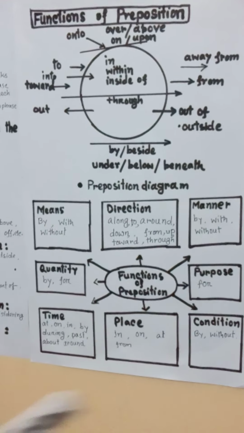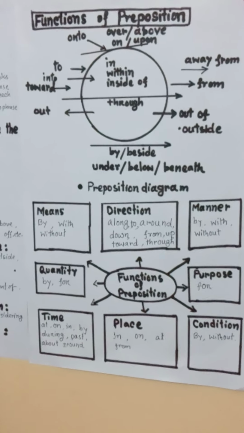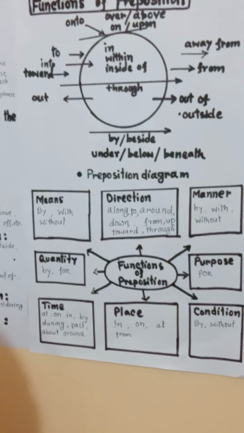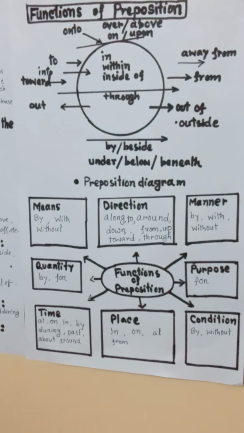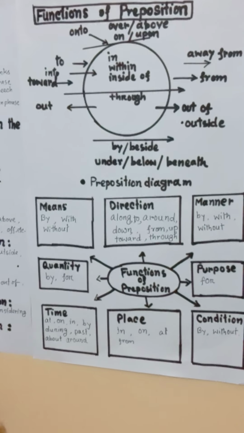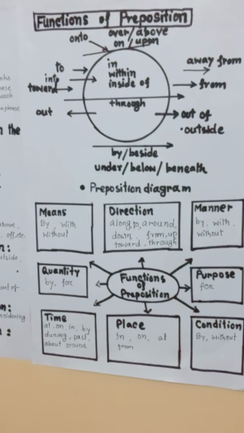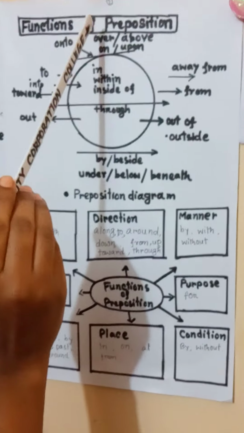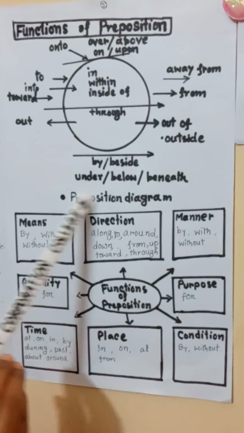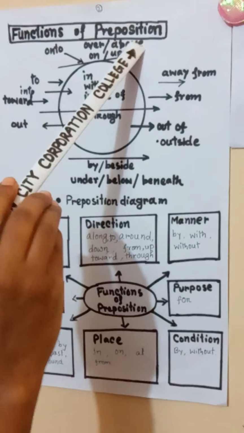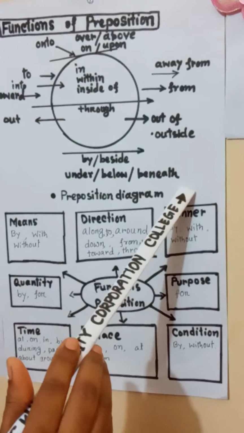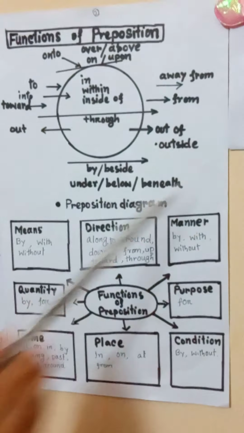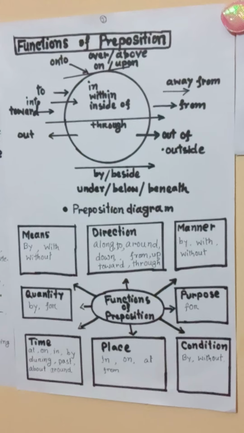Suppose you are in a room, but someone passed by your room, or I am standing beside you. Then under, below or beneath, just opposite to over, above: under, below, not touched, not attached. This is a preposition diagram.